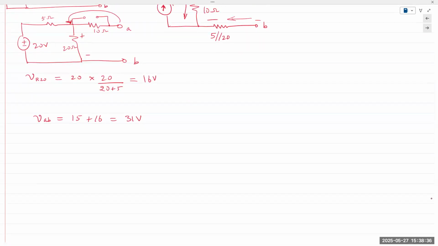All right, so using superposition, we obtain the same answer. And with mesh current analysis, again, we will obtain the exact same answer, because in mesh current analysis, we designate a mesh current in two of the meshes. So since we spoke about it, let's go ahead and do it.